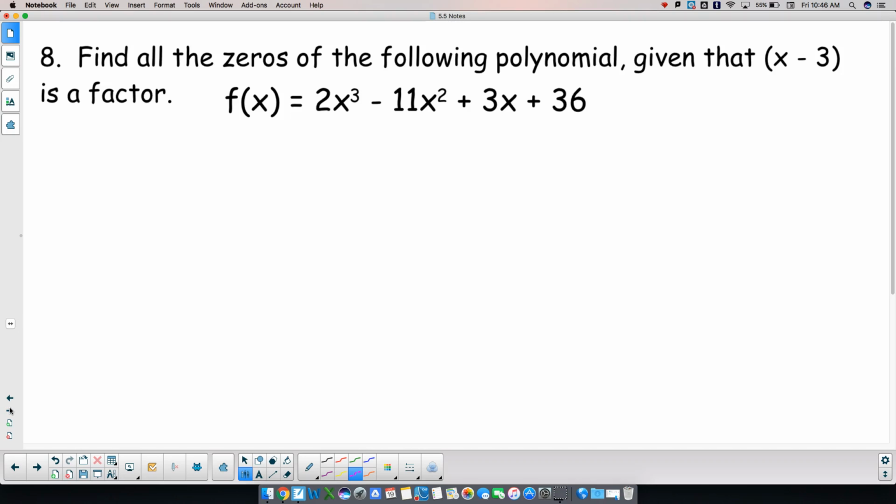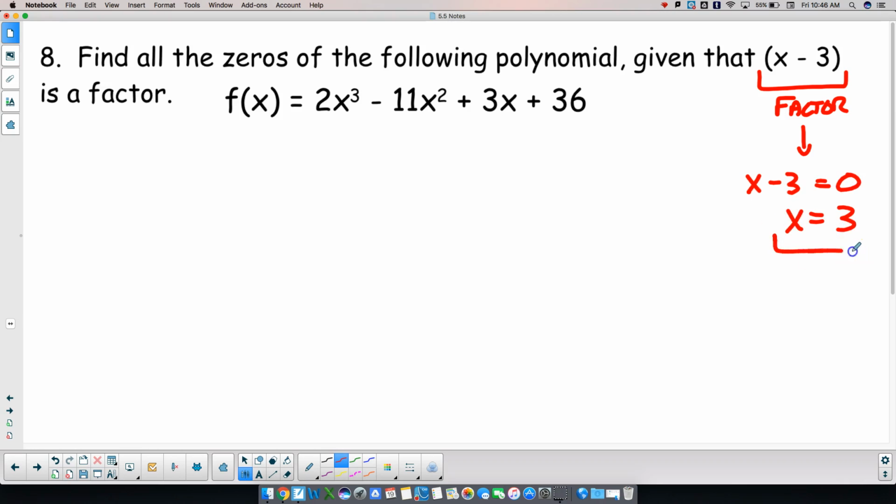Find all of the zeros of the following polynomial given the fact that x minus 3 is a factor. So, that's a factor, which means then that x minus 3 is going to equal 0, so x is going to equal 3. So x equals 3 is a 0.